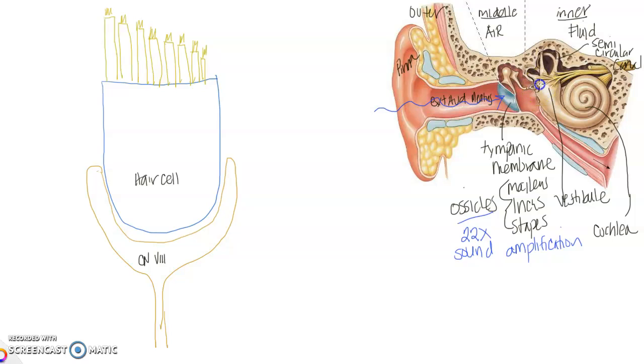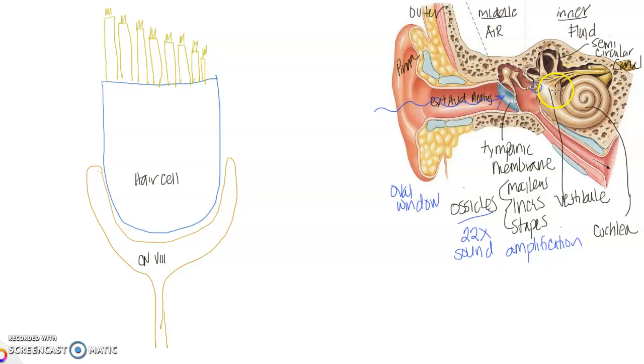The stapes is attached to something called the oval window, which is basically another membrane. On the other side of it is the vestibule and the fluid-filled inner ear.